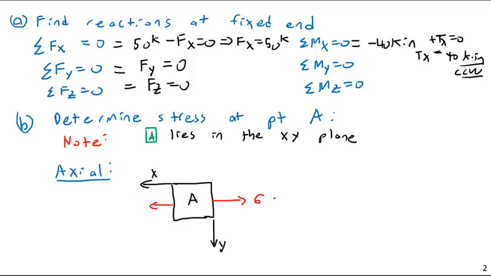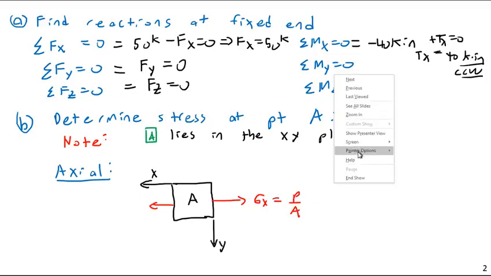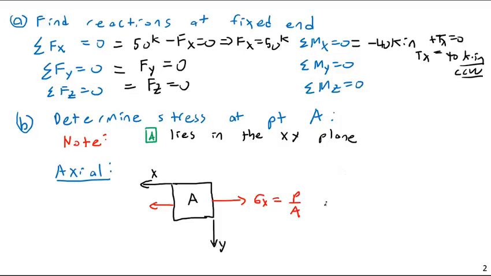So here, sigma x is equal to P over A, which is fairly trivial to calculate, equals 50 kips over pi times 2 inches squared.